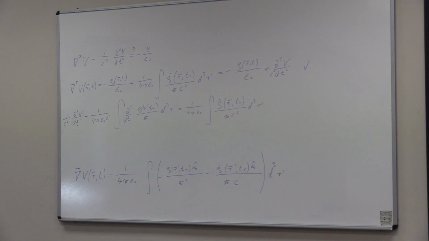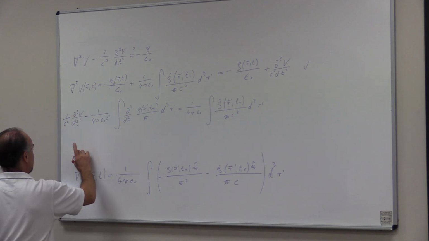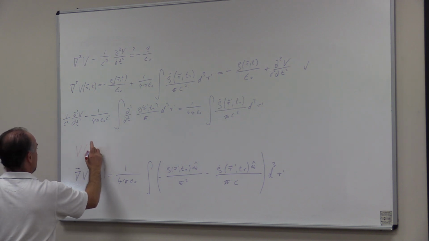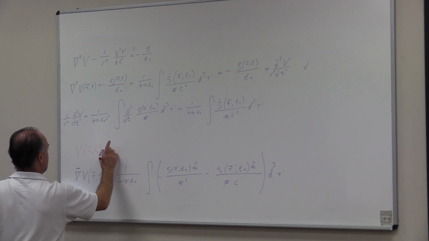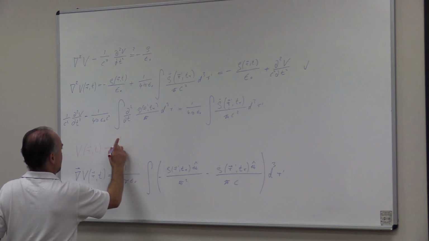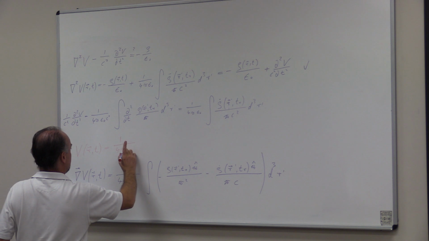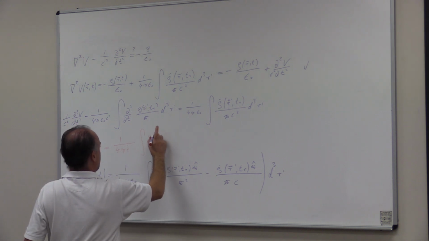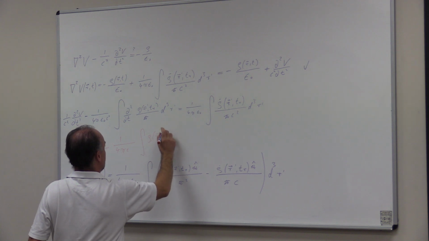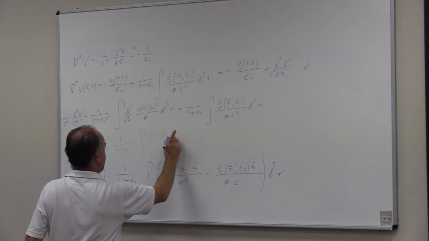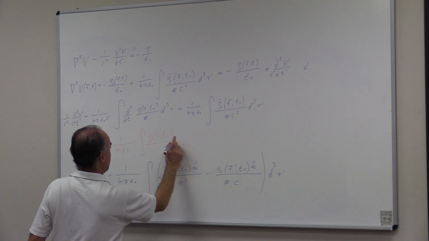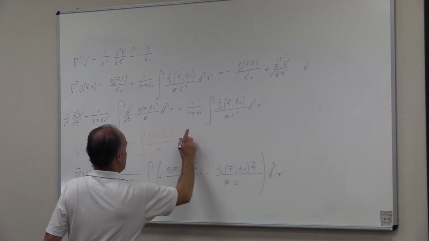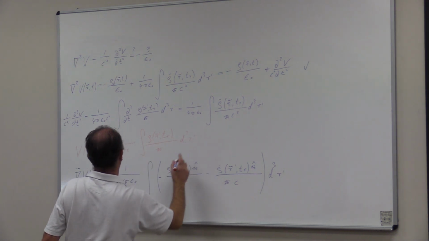All right. So what we've done is, from the ansatz that our potential of r and t is almost as in the static case, just the integral over the charge distribution at the source, but the only difference is that we take this retarded time, t_r, at r prime.